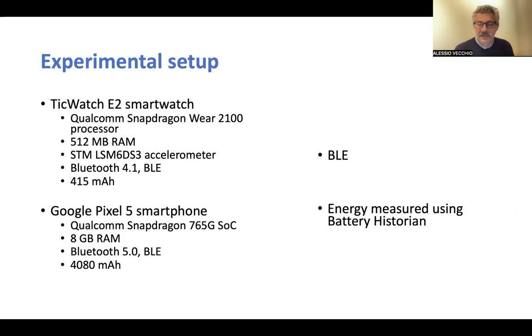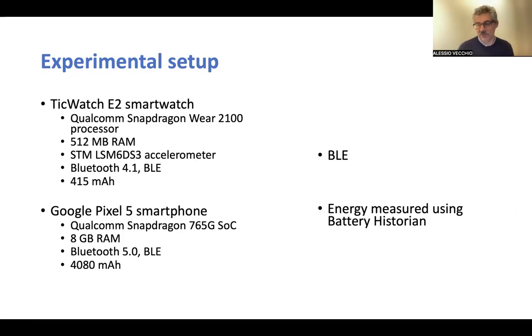And the energy consumption has been estimated using Battery Historian. This is a software tool that relies on execution traces collected by the Android operating system. In particular, we estimated only the energy consumption on the smartwatch side.